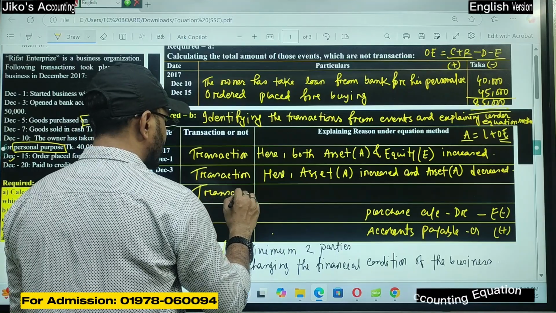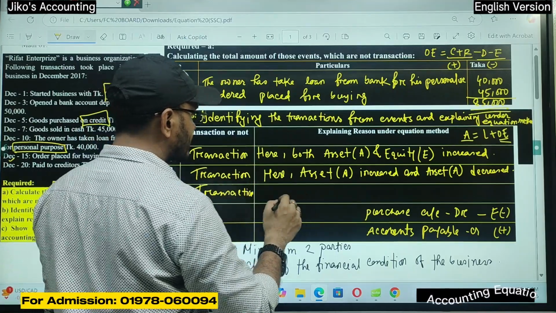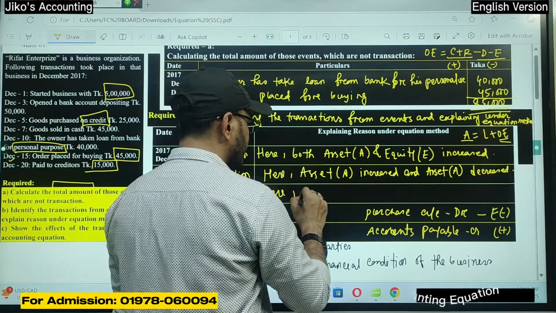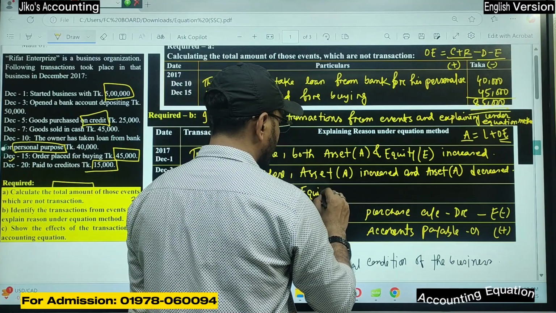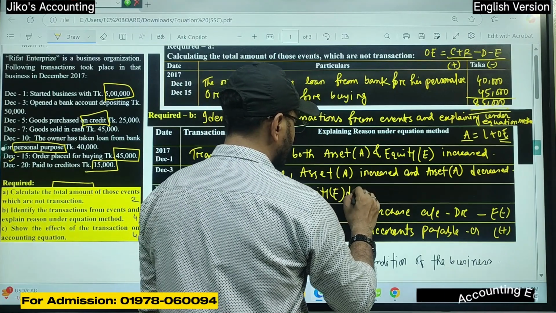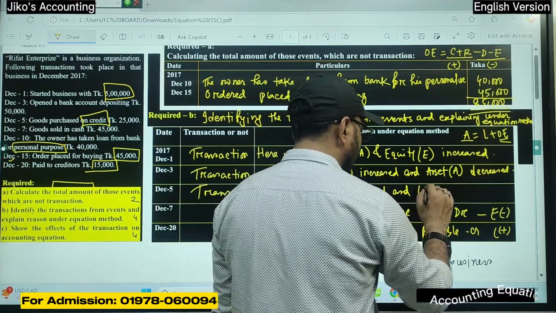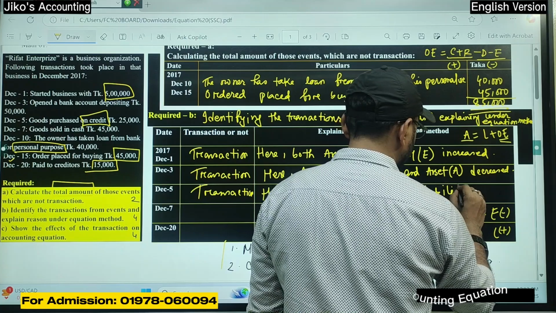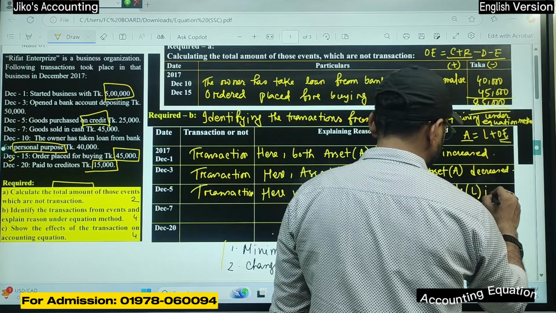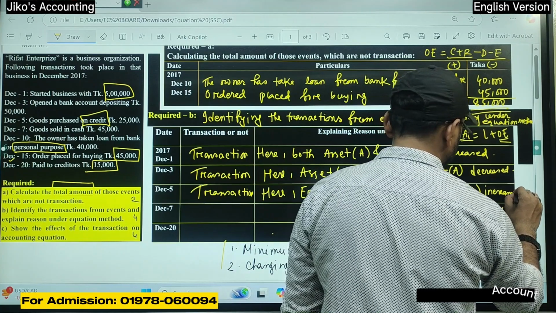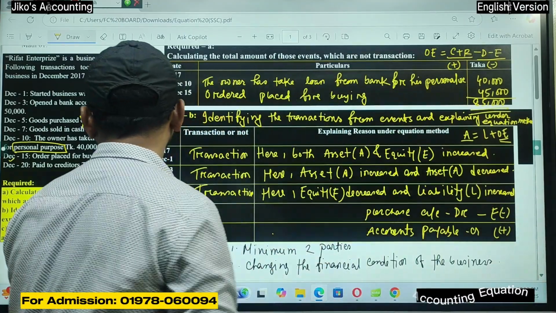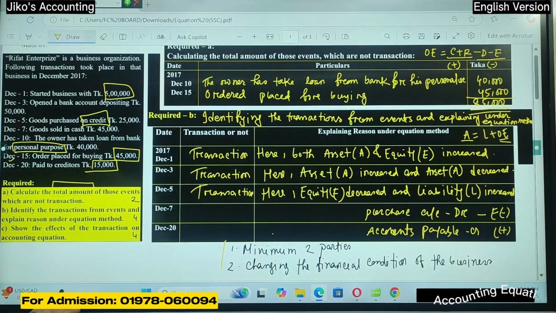December 5 is a transaction. Here you can see equity decreased and liability increased. Is it clear, sir?